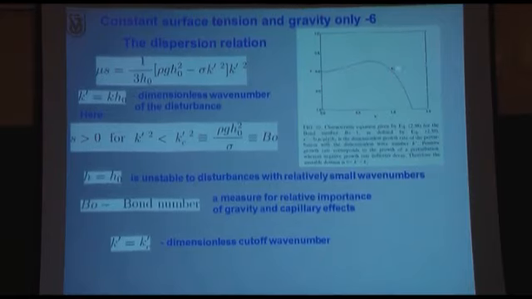From there on it becomes negative, which means the short wave disturbances are stabilized and the long waves are destabilized. That's why this layer will not remain forever, even for 1 centimeter or 1 millimeter thickness. It will become unstable with respect to sufficiently long disturbances.